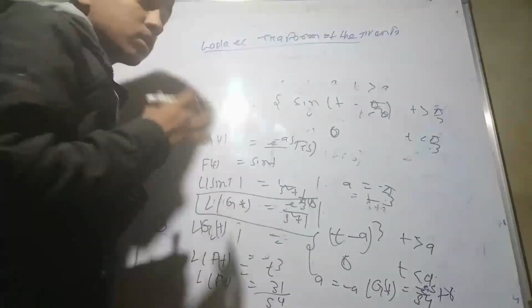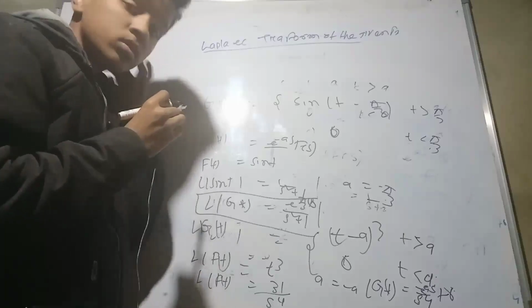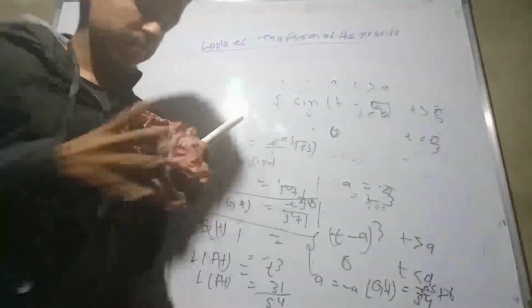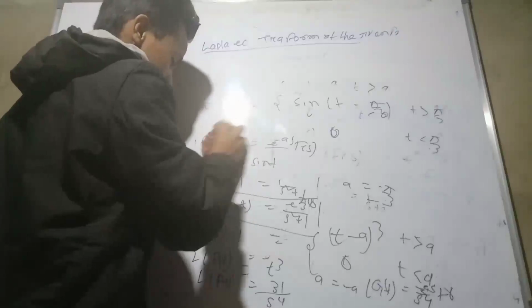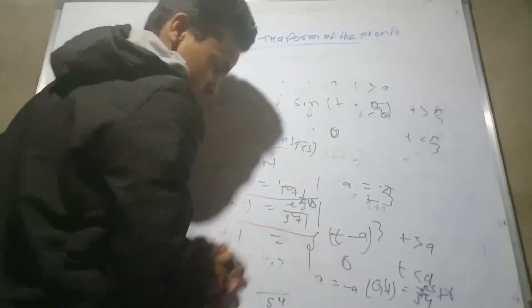So that is the second shifting theorem we have seen. Now we are going to extend our concept to the change of scale property.